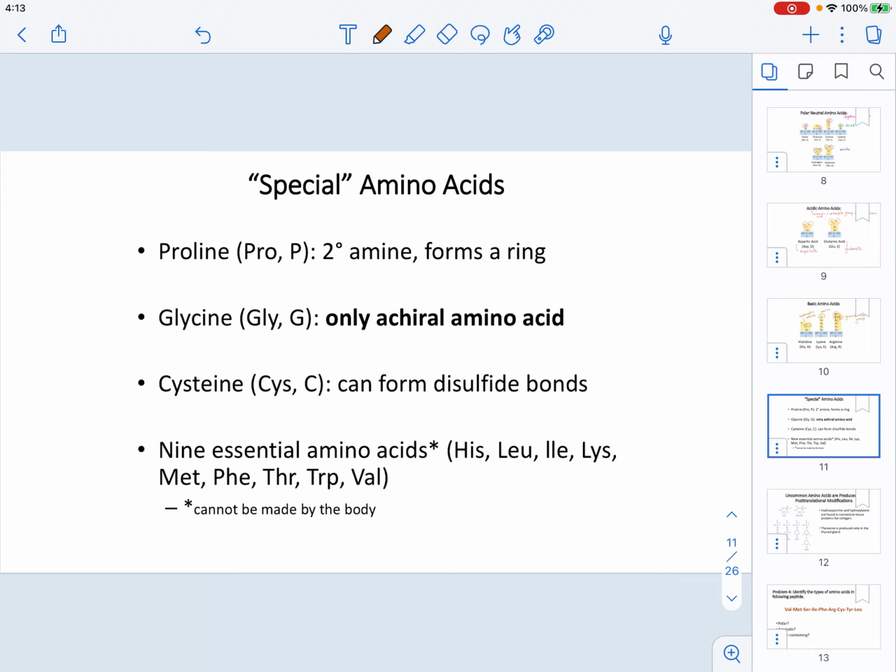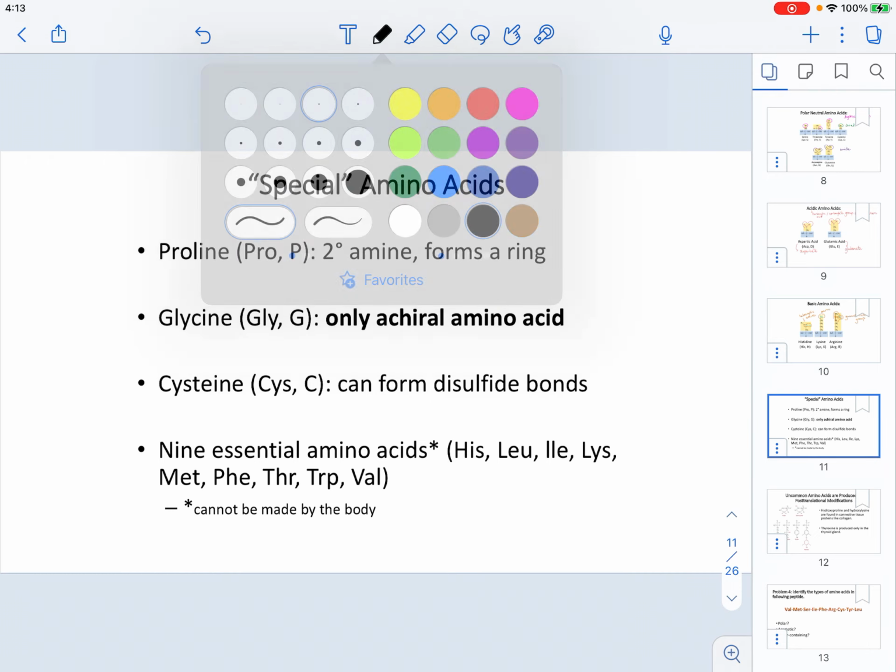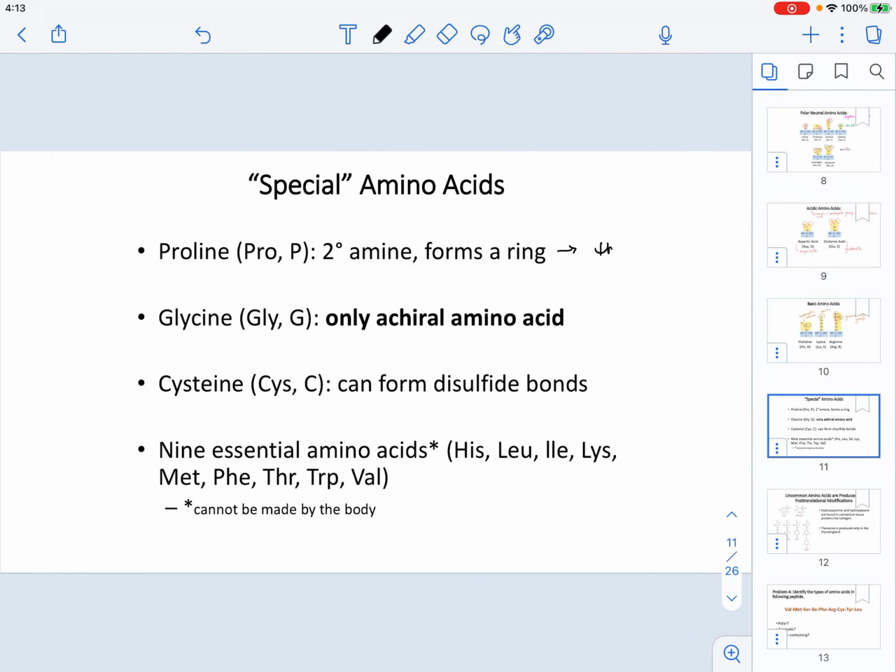So remember, proline is again a secondary amine, because specifically the side chain is bound to the amino group at the alpha carbon.